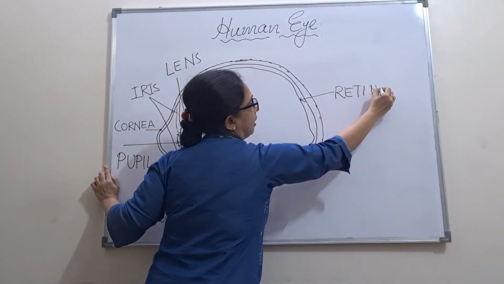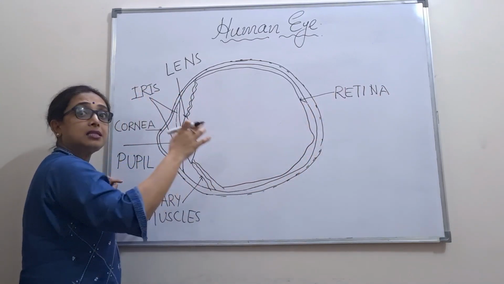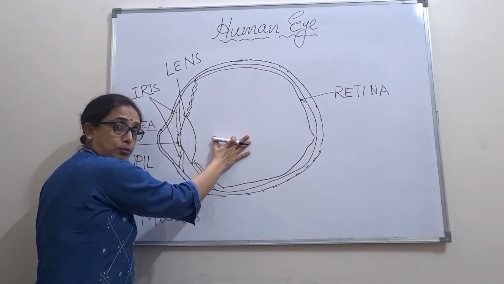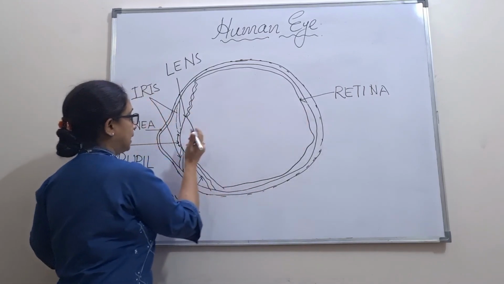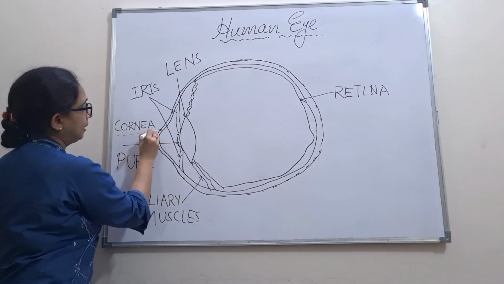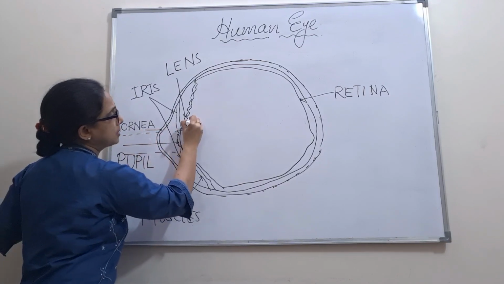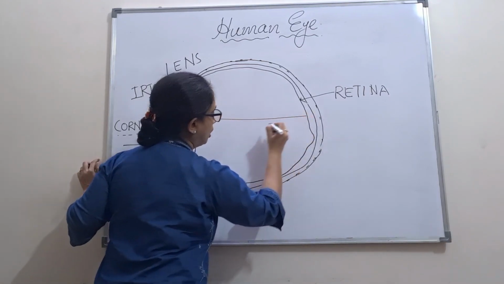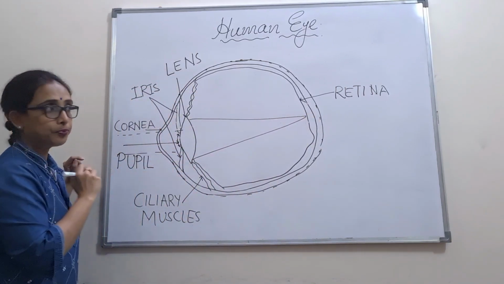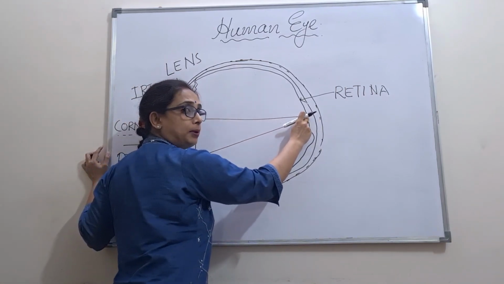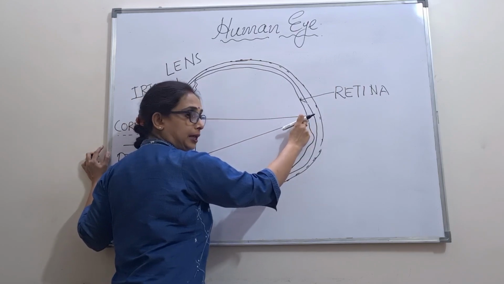This retina is the screen of the human eye where the images are formed. That means the light enters through this lens and it gets converged. The convex lens converges the light and an image is formed here on the retina.